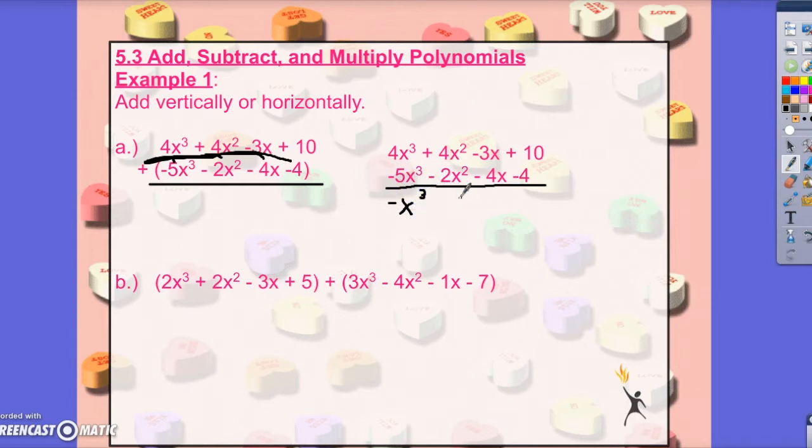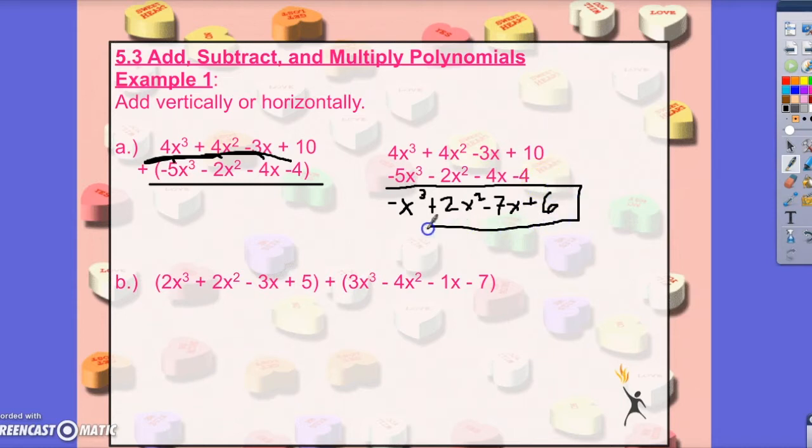You don't have to put the 1, that's up to you. 4 minus 2 is a positive 2x squared. Negative 3 minus 4 is a negative 7x. 10 minus 4 is a positive 6. That's it. That's our answer.